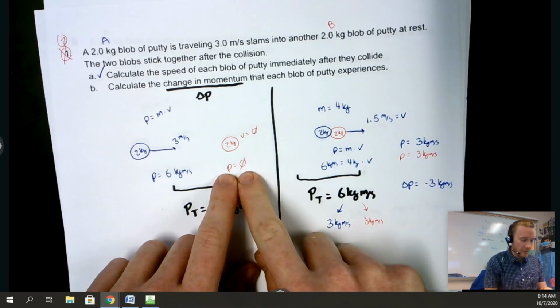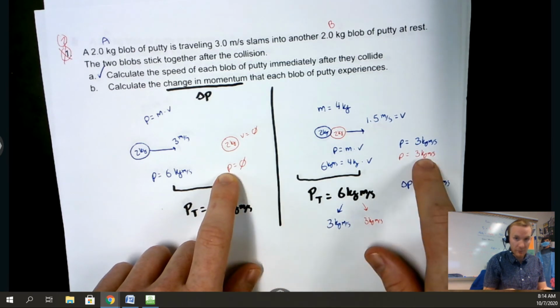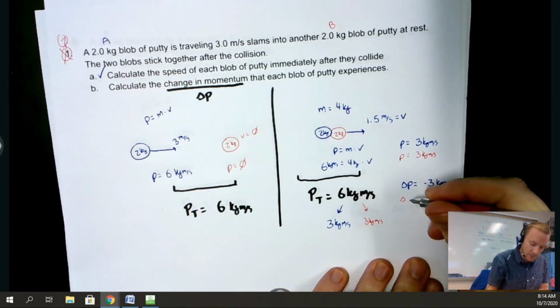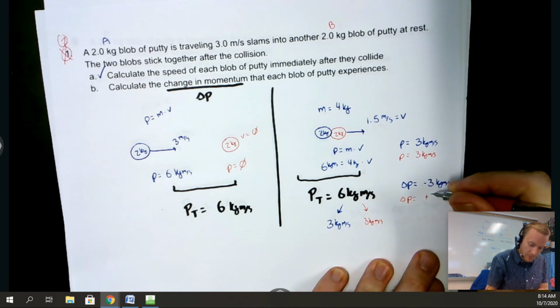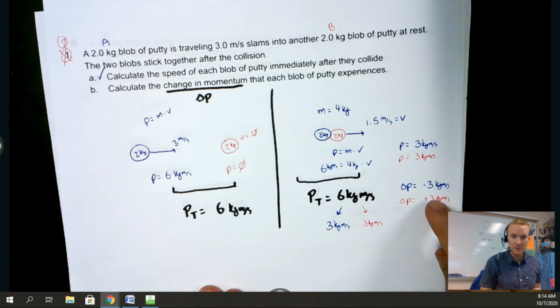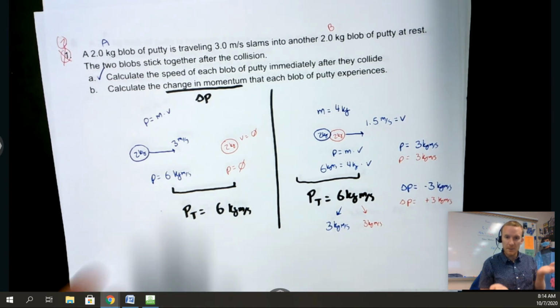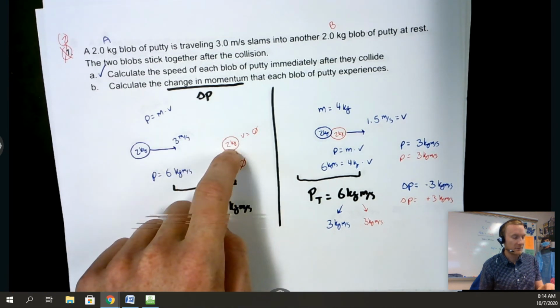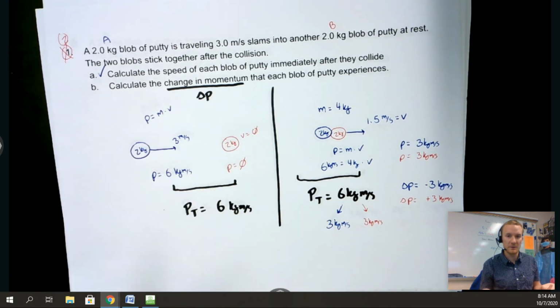My red ball, on the other hand, went from 0 to 3. So that's a change in the positive direction. So that would be a positive 3 kilogram meters per second. Okay. And again, notice that our impulses are equal but opposite to each other. So whatever ball A gave to ball B, ball B also gave to ball A, but in the opposite direction.